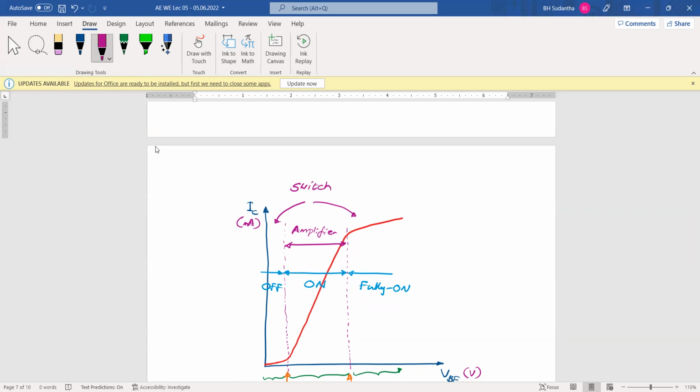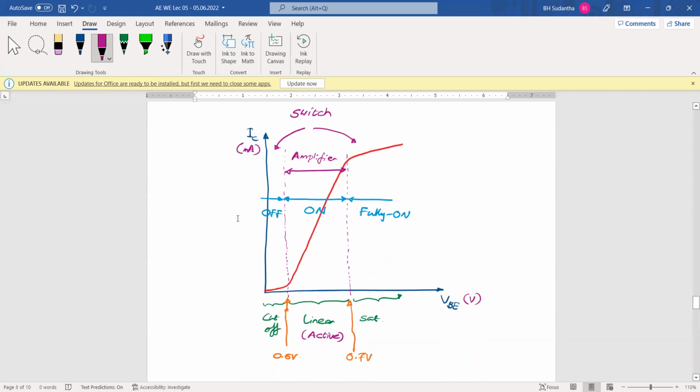In switching application, we put the transistor into cutoff mode one time, and we will bring it back to saturate mode. And we are going in between the cutoff mode and saturate mode when the transistor is working as a switch.